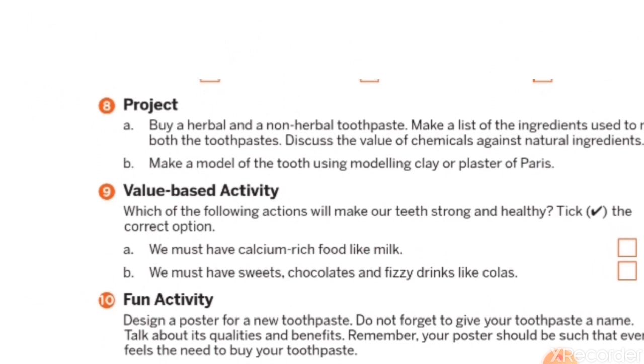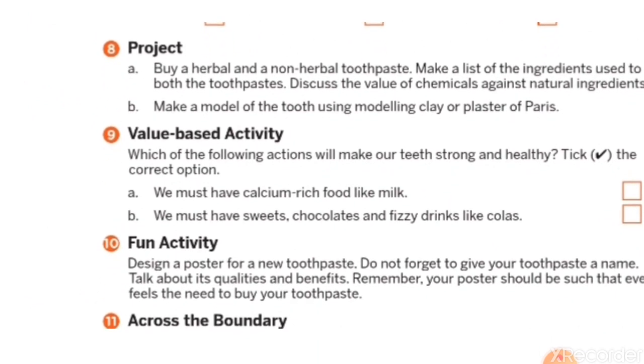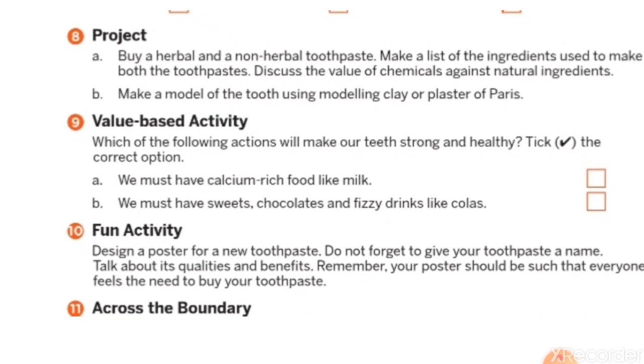So obviously the correct answer is we must have calcium rich food like milk, and we must avoid sweets, chocolates and fizzy drinks like colas. You know the reason also. You have to tick on that box.